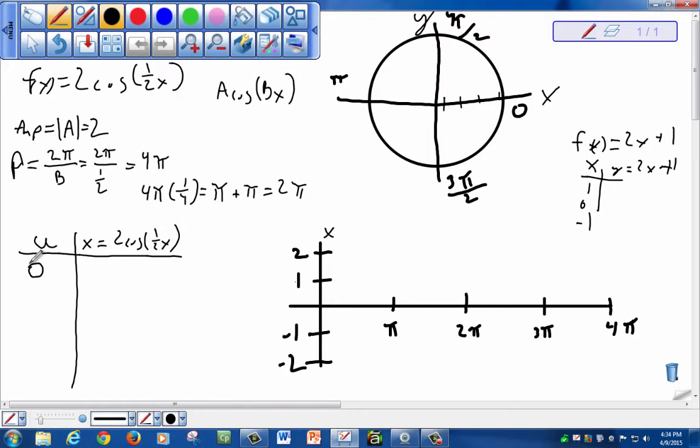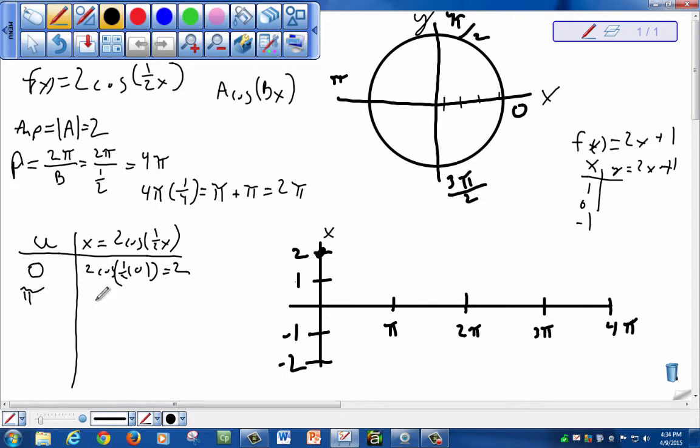And so we plug in the 0 into the x here, which will give us 2 cosine 1/2 times 0, which will give us 2 cosine of 0, and we know that cosine of 0 is 1, so our answer is going to be 2. So here at the origin of the graph, we're going to get 2, so we're going to plot that point right here.